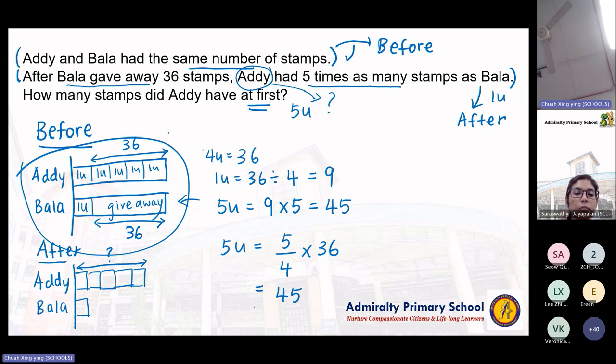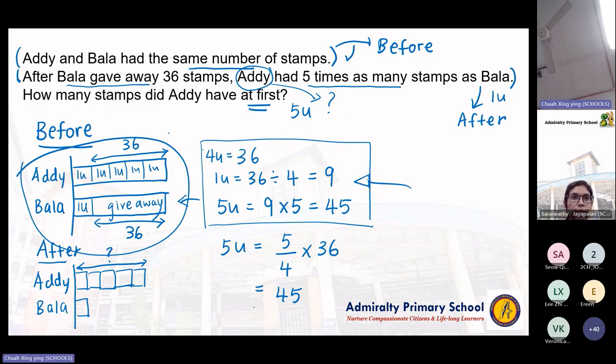However, at the P3, P4 level, we will actually get them to use the direct equation of units. That means 4 units represents what, then for 1 unit we divide by 4, and for 5 units we multiply by 5.